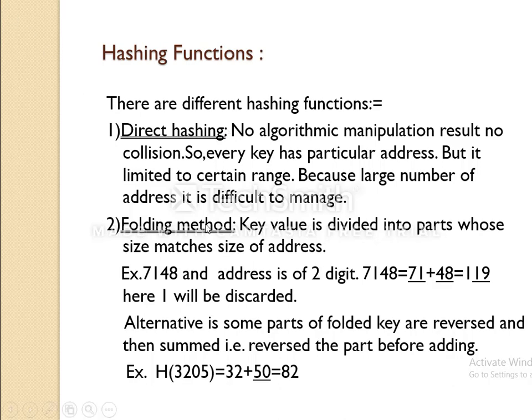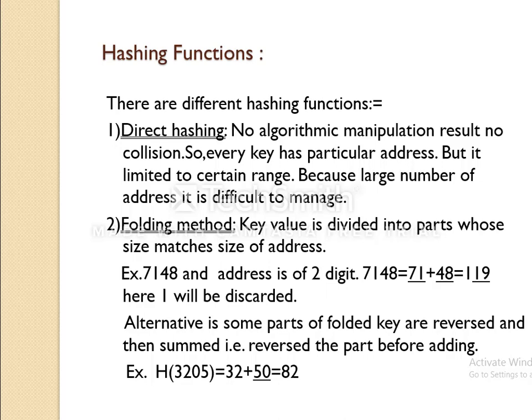Next is the folding method. Key value is divided into parts whose size matches the size of the address. For example, 7418, and the address is of 2 digits or bytes.